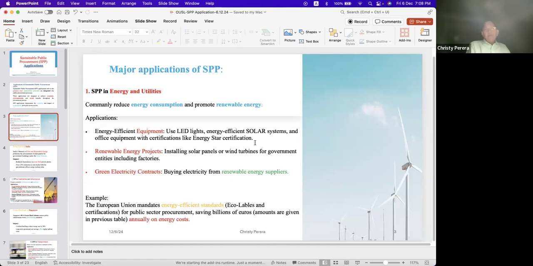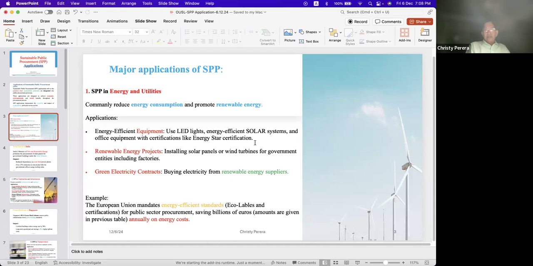I think last time I explained all the eco labels and certifications, and gave much more detail on how they are applied. Here and there, I will mention at relevant places which certifications or eco labels they are going to use.